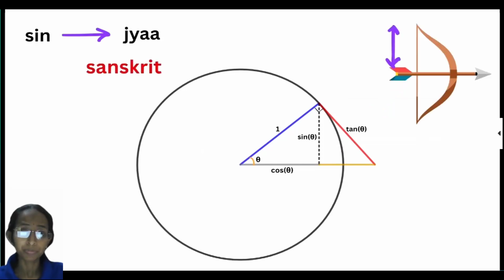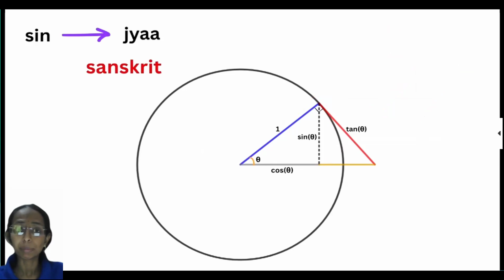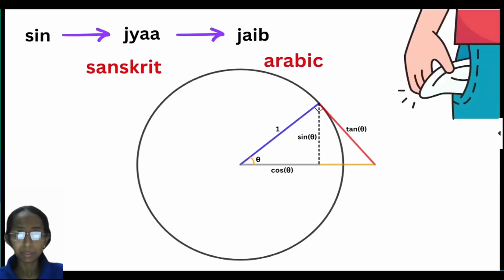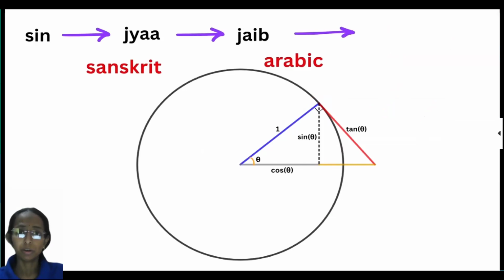Now the sine one. Sine is derived from the word jaya, which is a Sanskrit word meaning a bow, like a rainbow. Now this jaya further became jiba in Arabic, which is jib. Then this jib became sinus in Latin.